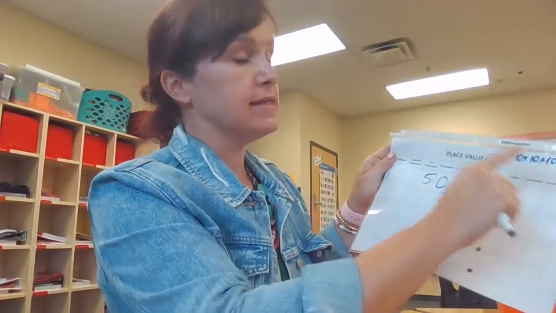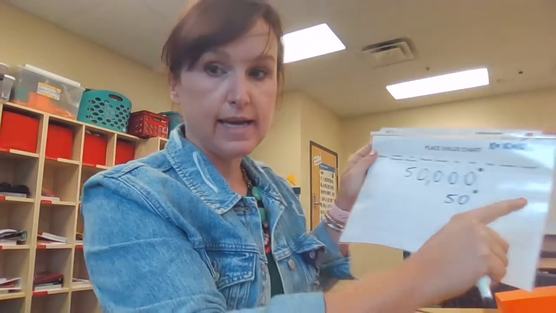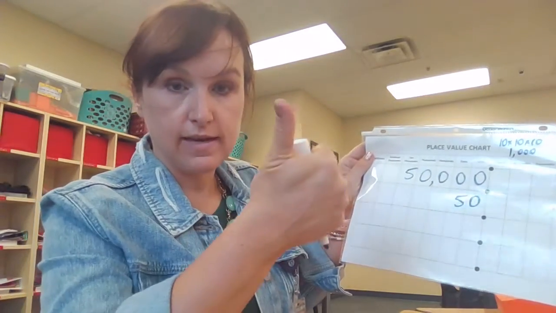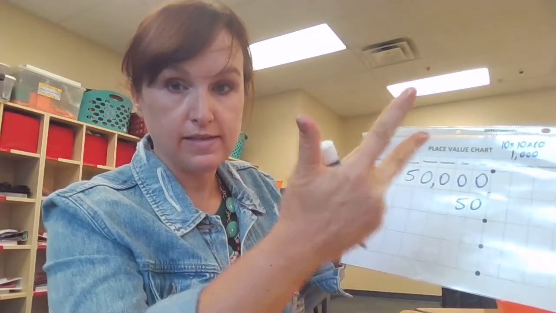So what is 10 times 10 times 10? Well, 10 times 10 is 100, times 10 again is 1,000. And I know if I write it, it should have 3 zeros there because that's 10, 100, 1,000 times 3, okay? So I know that 50,000 is 1,000 times bigger than 50.